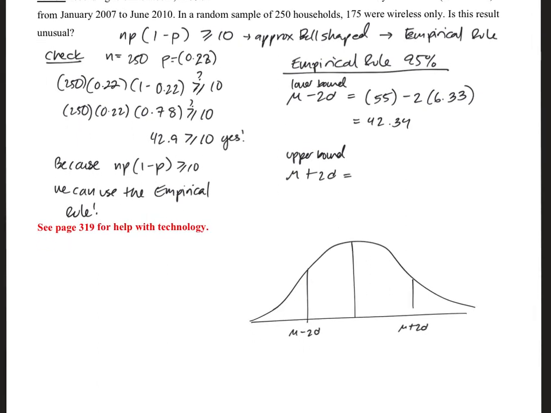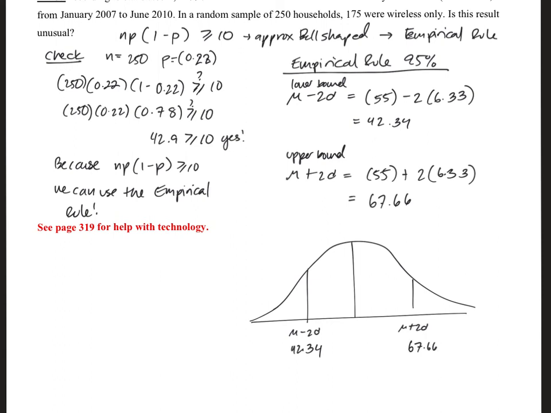So that is my lower bound, 42.34. Now my upper bound is going to be mu plus 2 times sigma. So 55 plus 2 times 6.33. Oops, let's calculate that out. That 3 is not looking nice. Okay. 67.66.